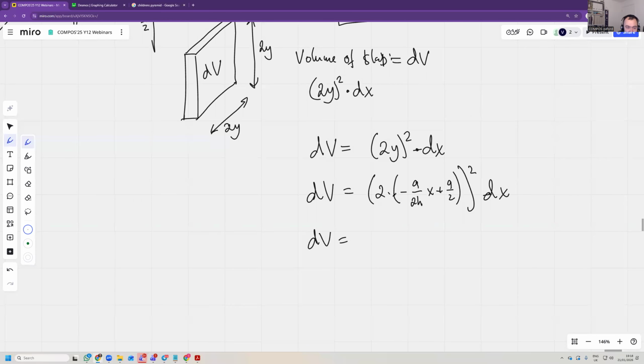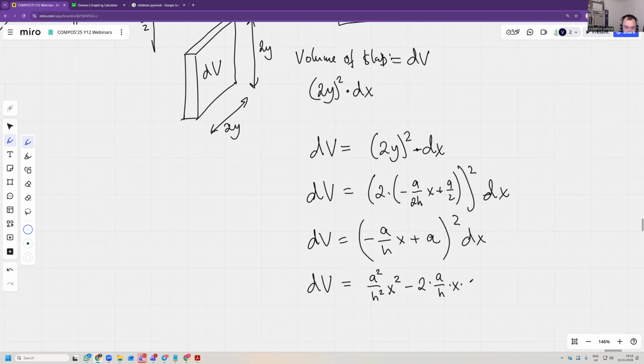So dV is minus a over h x plus a, squared, dx. Can we open the brackets? I think we should. So that's going to be a squared over h squared multiplied by x squared minus 2 multiplied by a over h times x times a plus a squared, dx.